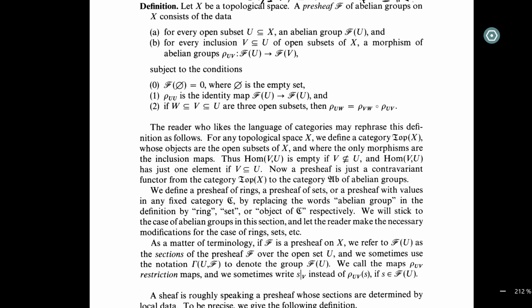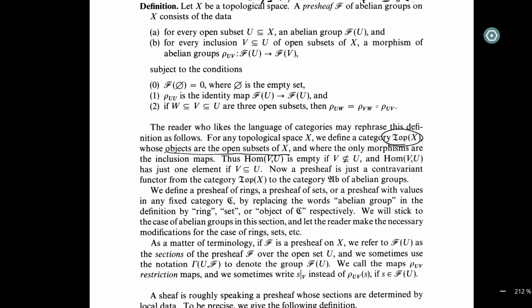This is just in the language of category, as here is said. For any topological space, we define a category. The objects are open subsets. The only morphisms are inclusions. Hence, the Hom set is empty if they are not containing each other, and if one contains the other, it is just one element, the inclusion morphism.